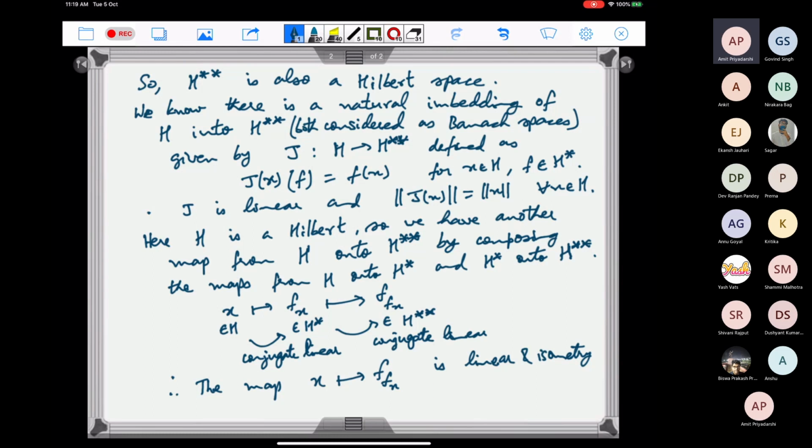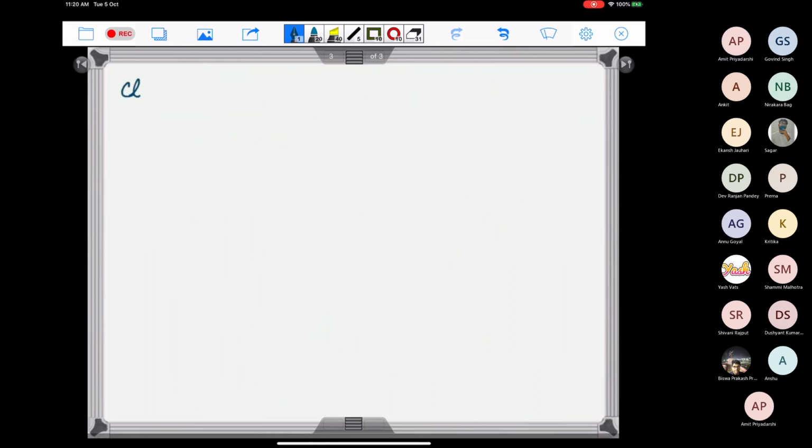So the claim is the above two maps from H onto H double star are the same.